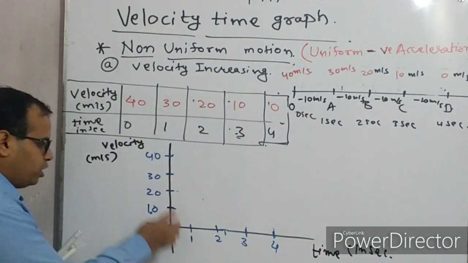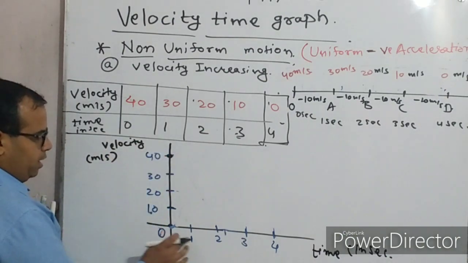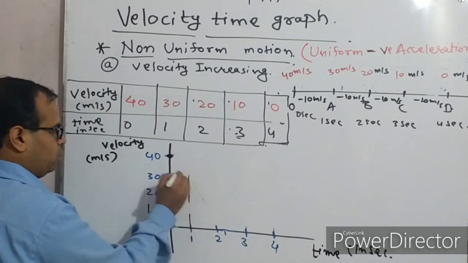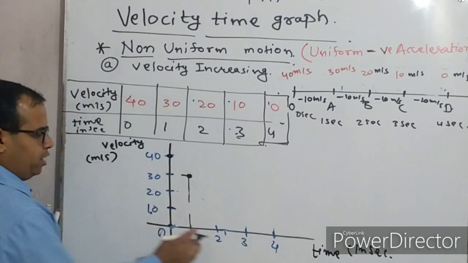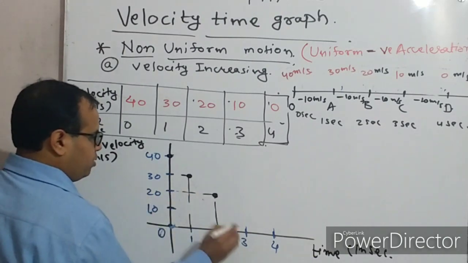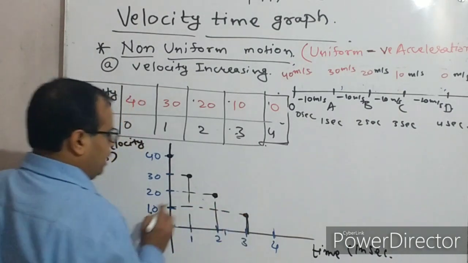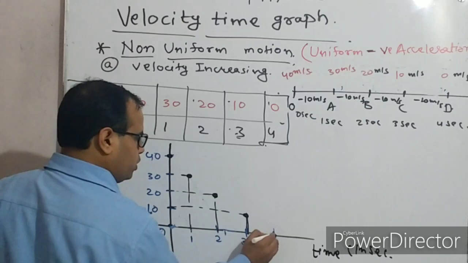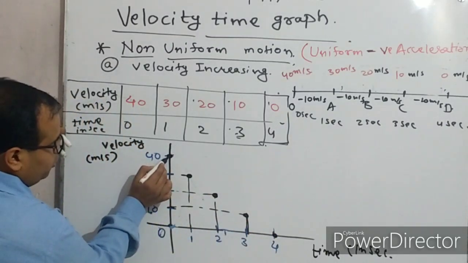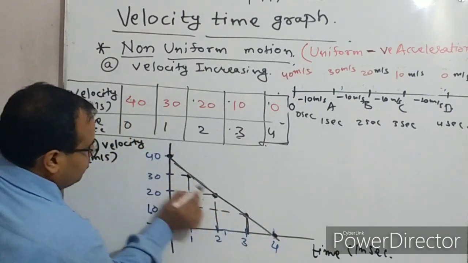If you plot the graph here, you see that initially at 0 second it is 40, at 1 second it becomes 30, so it will be somewhere here, at 2 second it is 20, so somewhere here, at 3 second it will be 10, so it is here, and at 4 second it is 0, so it is here. If you join all these points, you will get a straight line, though I tried my best to make a straight line.